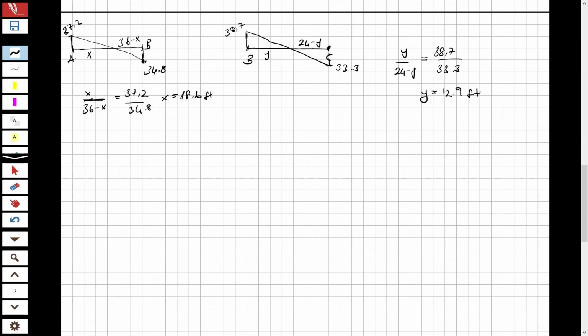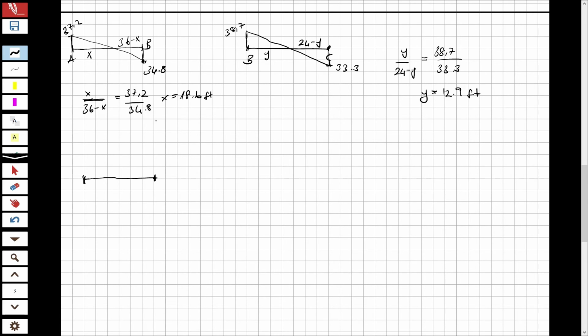So let's draw the moment diagrams. For the first part, I have a moment here, downward due to the table, minus 230.4.